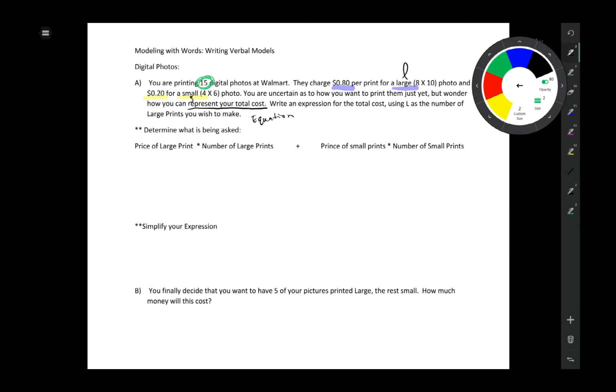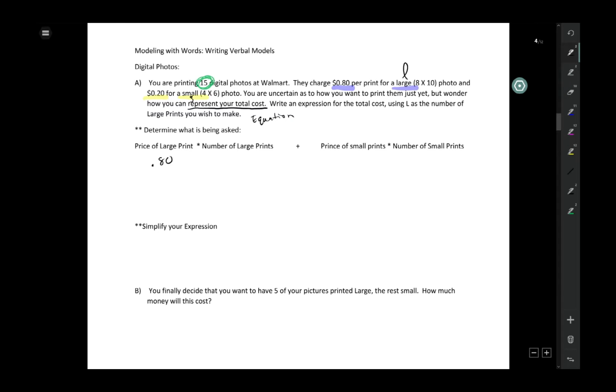One thing we need to think of is, what is the price of a large print? We know that is 80 cents, and we're paying 80 cents for every large photo. That's our number of large prints. Now, what is the price of small prints?